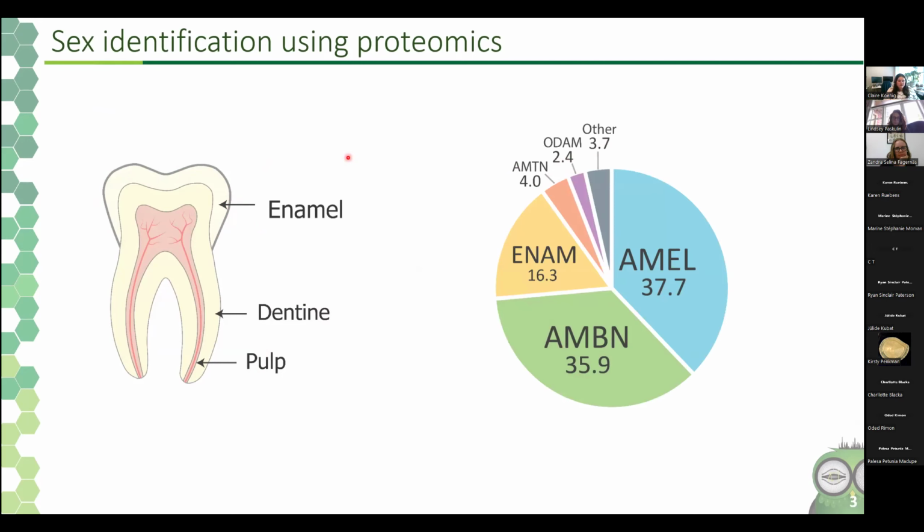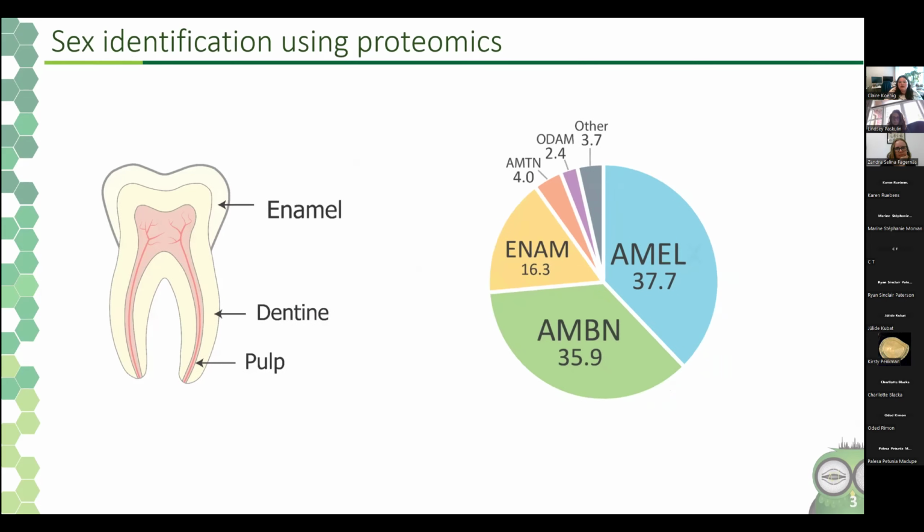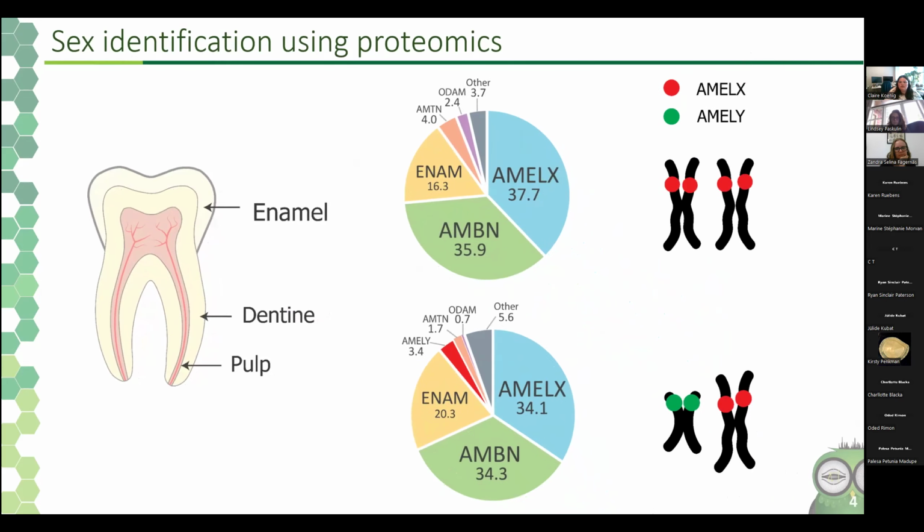What is very interesting in enamel is that amelogenin exists in two isoforms: one that is encoded on the X chromosome and one that is encoded on the Y chromosome. So in female individuals, both chromosomes are X, and we're only going to find AMELX protein in the enamel.